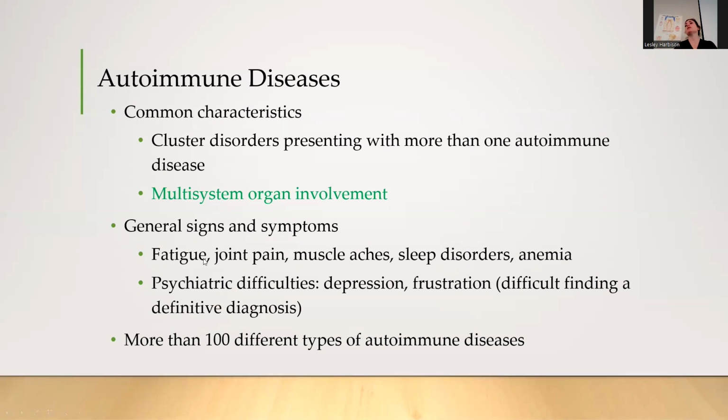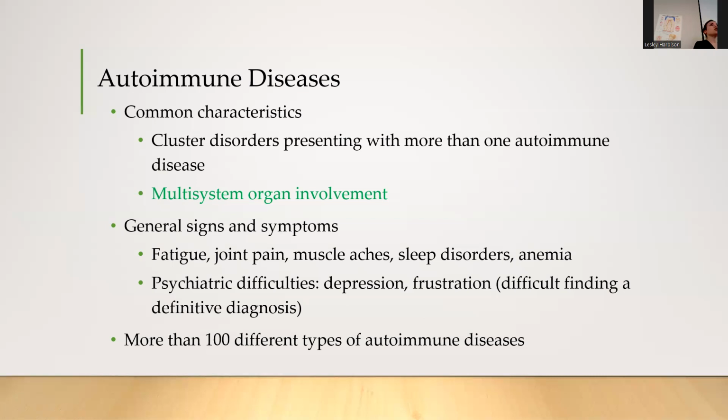General signs and symptoms for a lot of autoimmune diseases can all fall under fatigue, joint pain, muscle aches, sleep disorders, anemia, psychiatric difficulties. Sometimes the psychiatric difficulty can be linked to the difficulty in diagnosis. So a lot of things can be hard to diagnose.